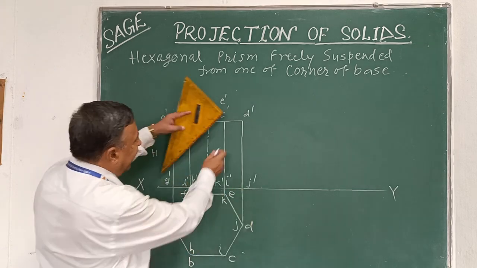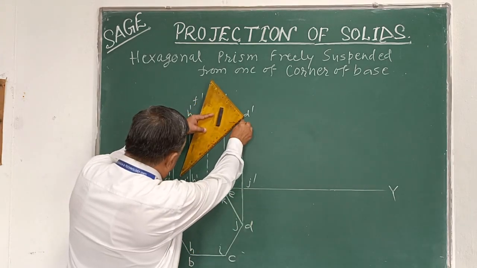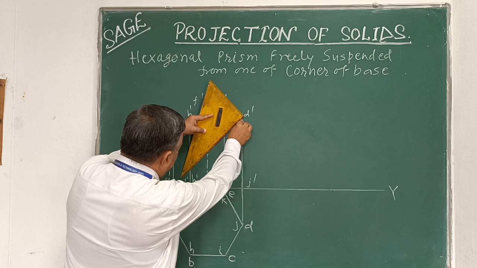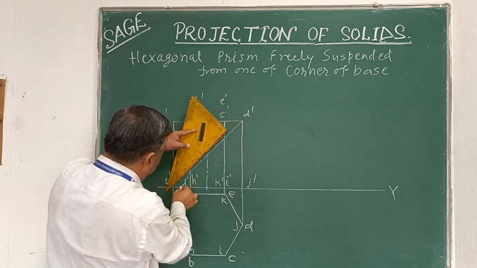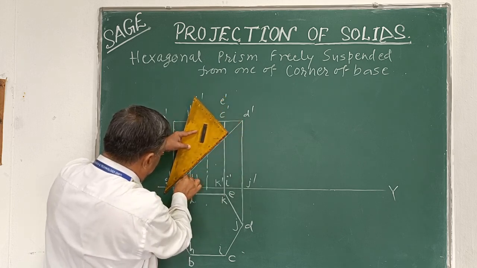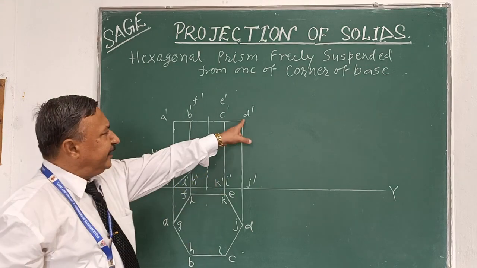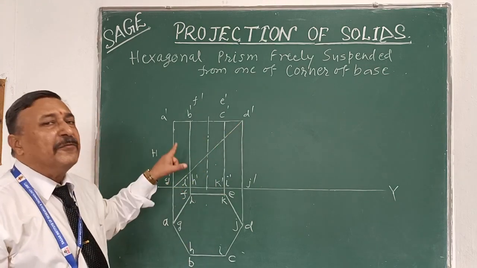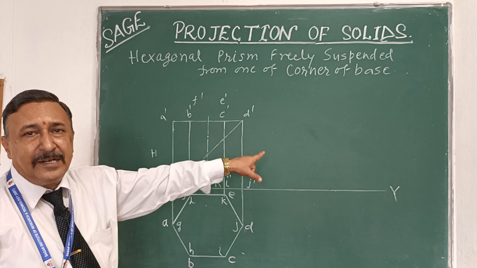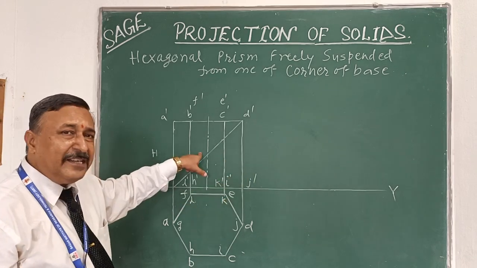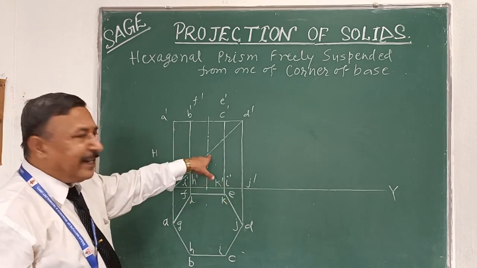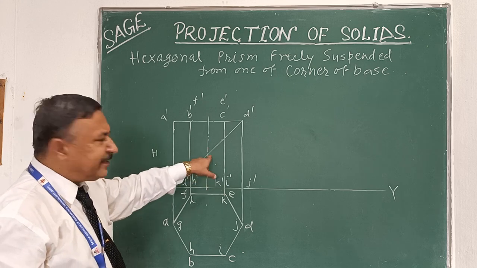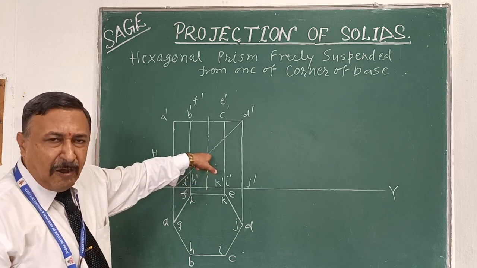So this line should be vertical in the freely suspended position. From this condition, this is exactly at the center, so here is the CG of the prism.